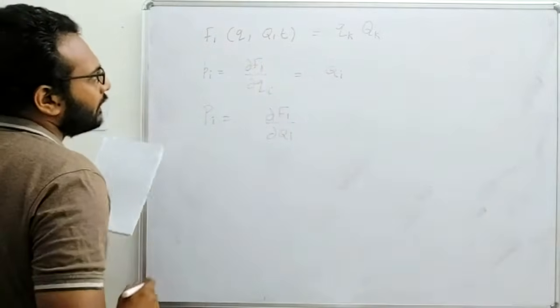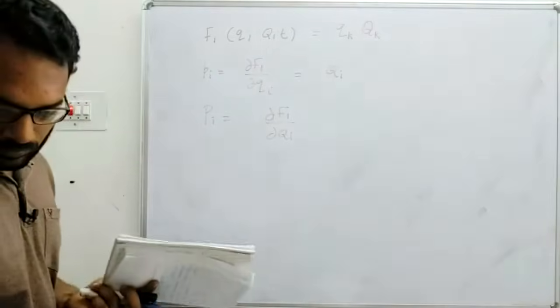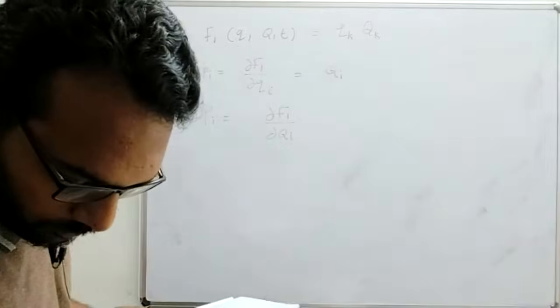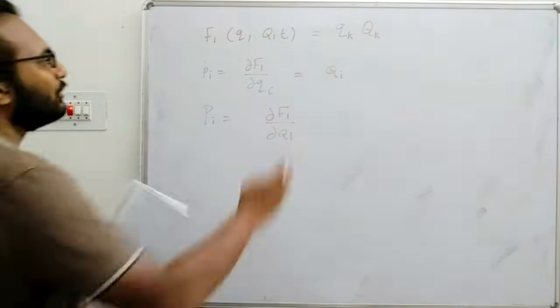It is dou F1 by dou Qi. Is there a minus sign? Do we need a minus sign there? Yes, there is a minus sign, because Q is in the second position.